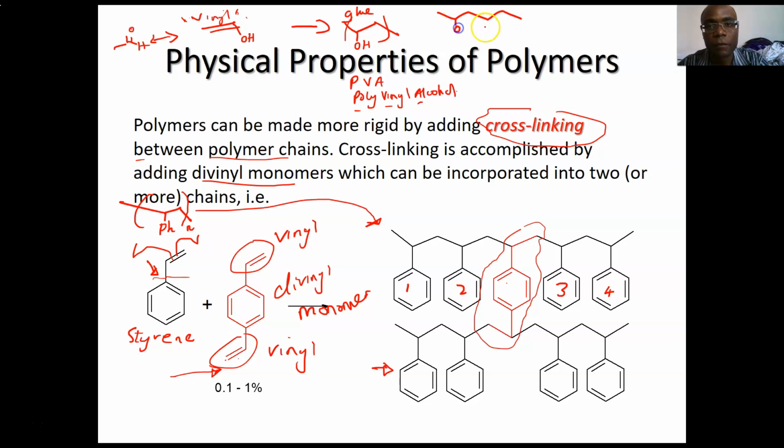So if these are the two polymers from the top and the bottom, these are the two polymers of the alcohol. If you add borax, the boron of borax goes in between.